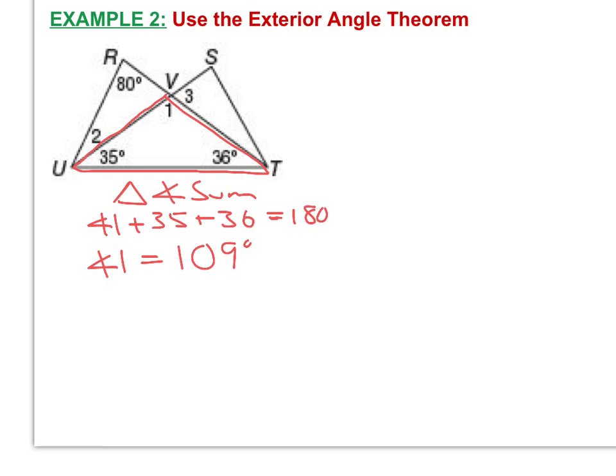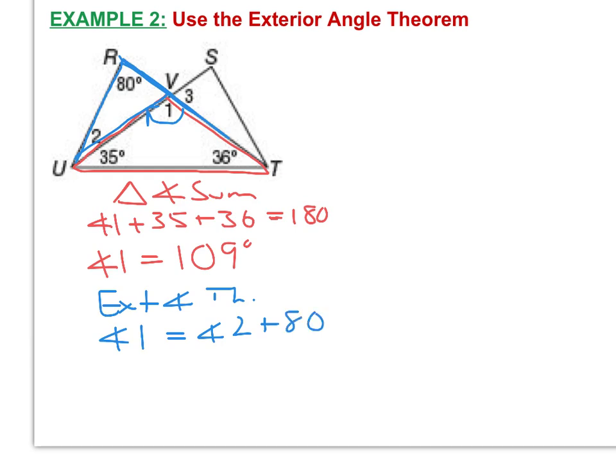Now angle 1 is actually an exterior angle to triangle URV. If we extend the side RV, it is an exterior angle to that triangle. So we can use the exterior angle theorem. The measure of angle 1, the exterior angle, is equal to the sum of the two remote interior angles, so that's angle 2 plus 80.